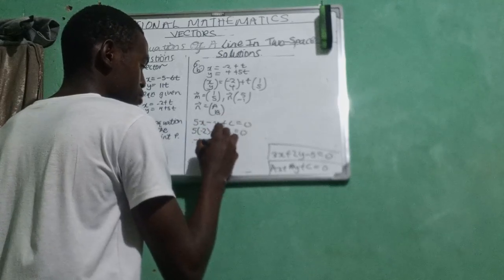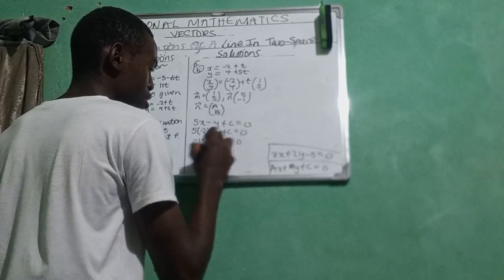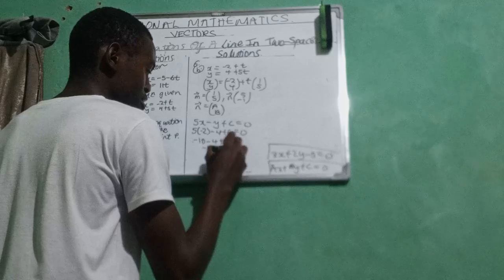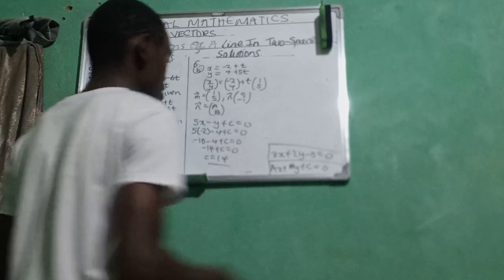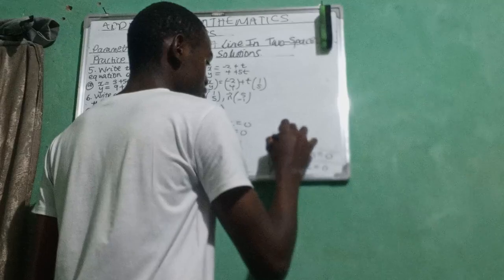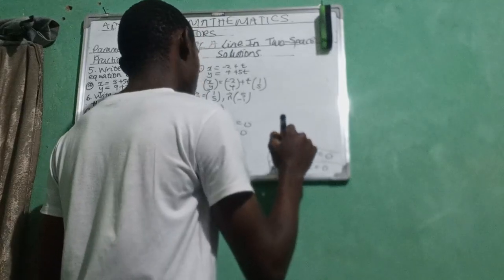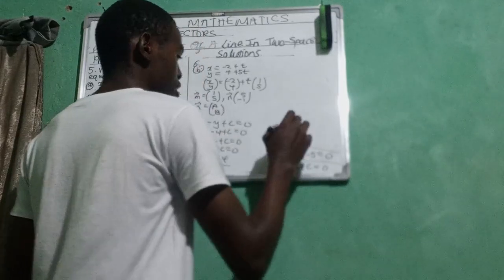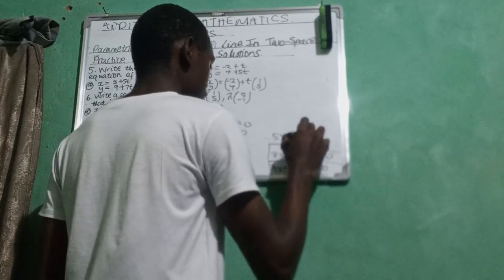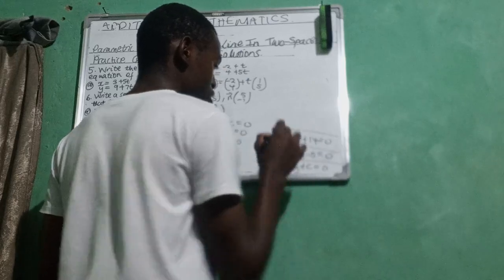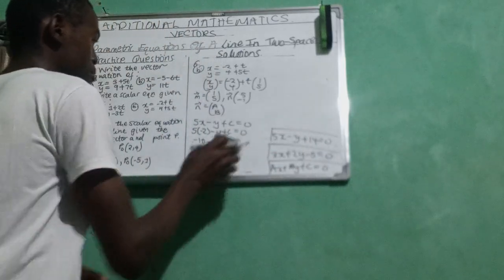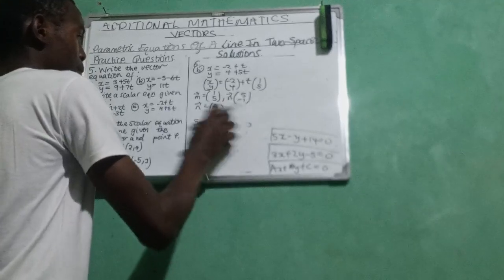Minus 10 minus 4 plus c is equal to 0, minus 14 plus c is equal to 0, c is equal to 14. So you're saying your 5x minus y plus 14 is equal to 0. This is your final answer for question 6b using method 1.